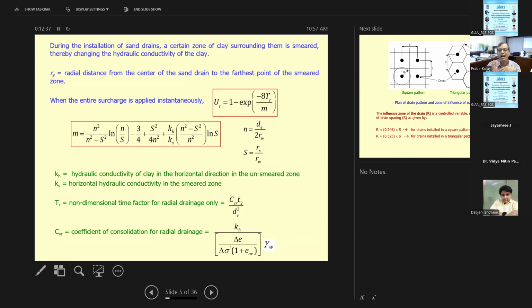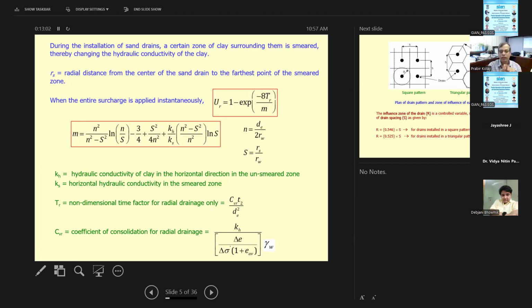But when you put the radial direction, we just write UR, and the equation is 1 minus e to the power minus 8 TR by M, where TR is the time factor. Whatever you studied in the consolidation, TR depends on the degree of consolidation.